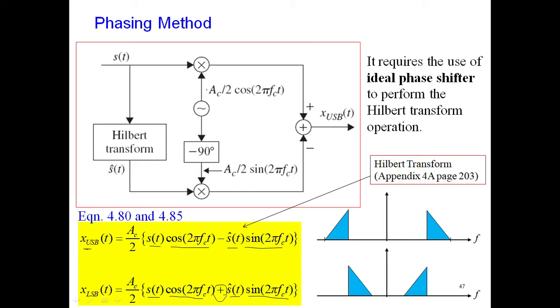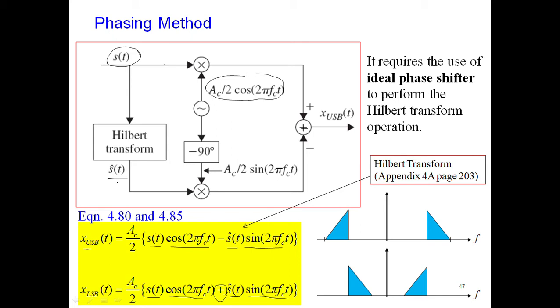In the form of a block diagram, to get the upper sideband we must add two components. The first component is the message signal s(t) multiplied by the carrier. Then we add the Hilbert of the signal, so here we use the block of the Hilbert transform function.